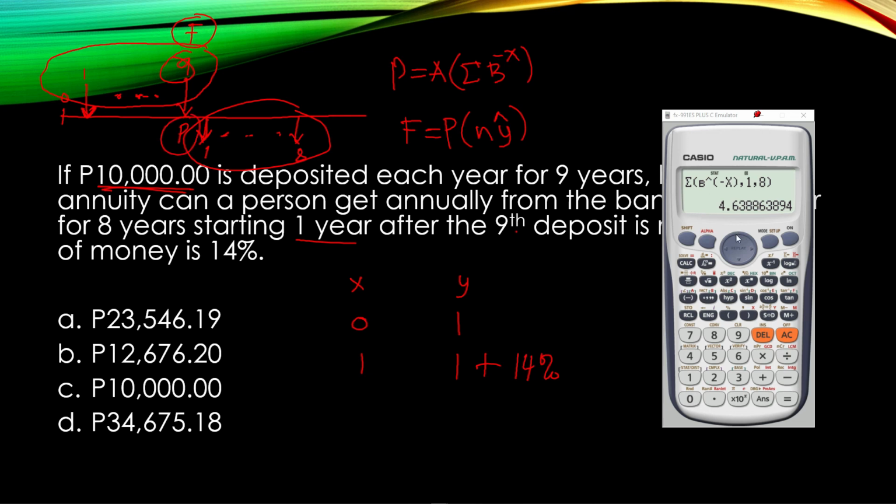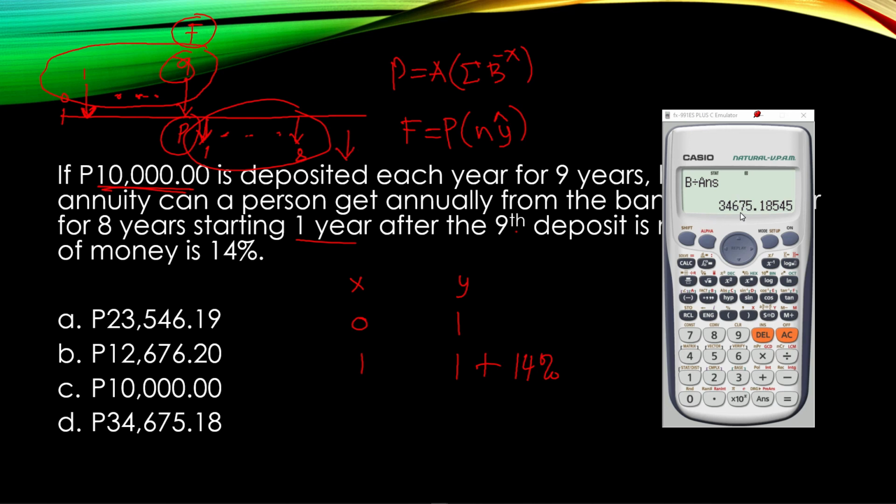So, we have B divided by our summation of B raised to the power of negative X para makuha natin yung annuity. Divided by the answer. We have 34,000. Ayun, pasok na pasok sa banga. 34,000. Yun yung i-withdraw niya every year for 8 years.